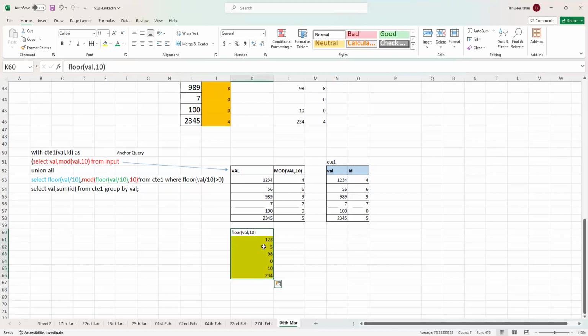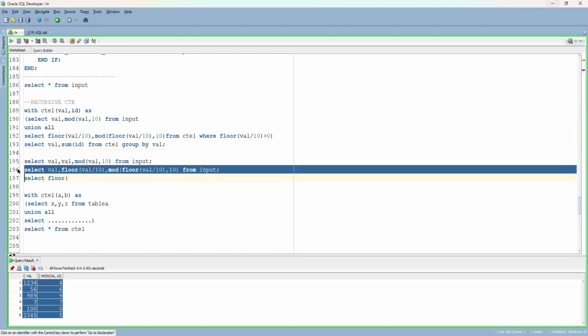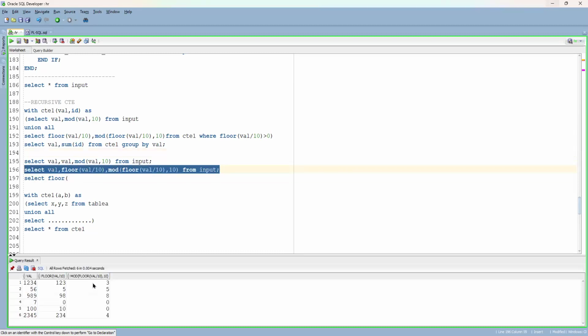Now from this you want to extract the unit digit. That is what mod of this comma 10 will give you, the unit digit. Yes or no? So that is what I'm showing you here. Now see the output of this query. Is this not giving you the 10th digit of this number?